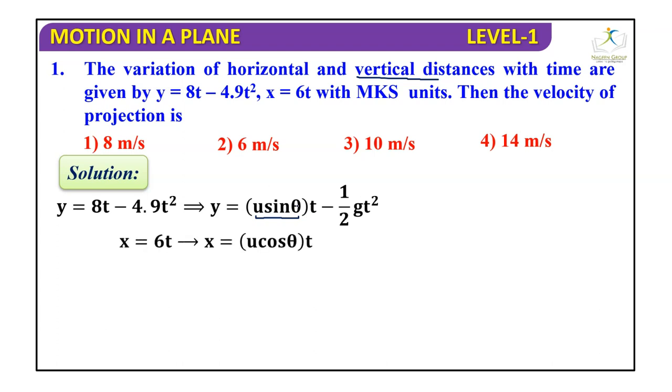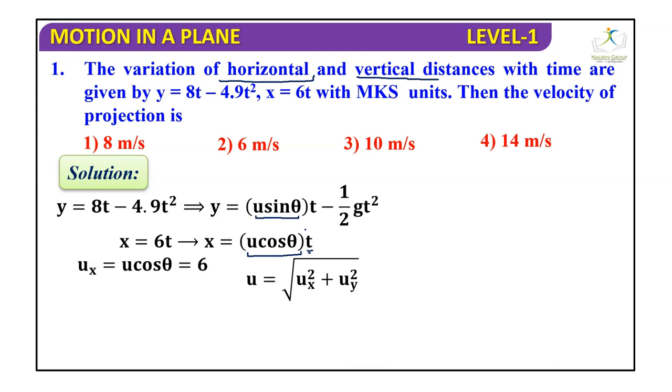So x is given, and after putting this value, the variation in x is u cos theta t. So we can say that u cos theta is equal to 6.